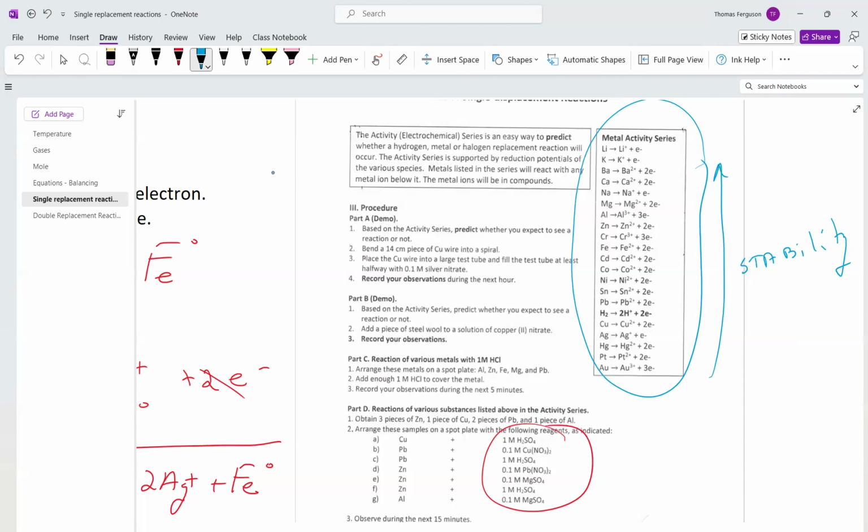If you're in group 1, 2, or 3, you're more stable if you lose electrons. If you're in groups starting with nitrogen, 5, 6, and 7, you're more stable if you gain electrons. Group 1 is on the far left. It wants to lose electrons. Group 4 is weird.